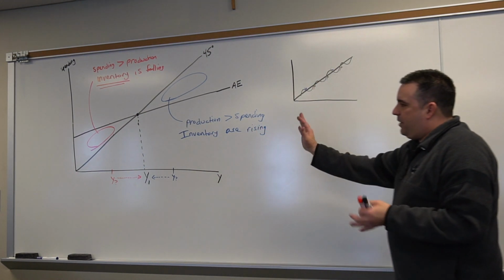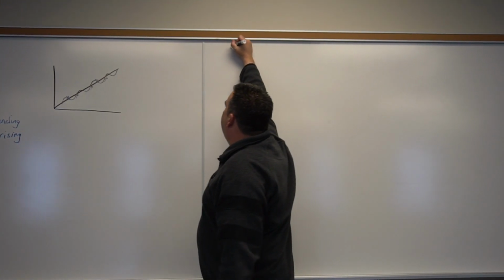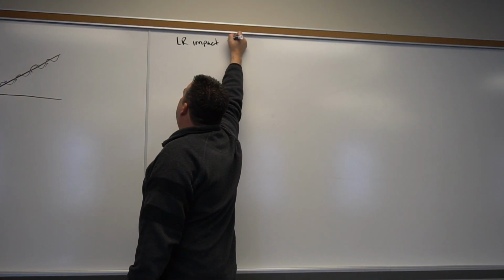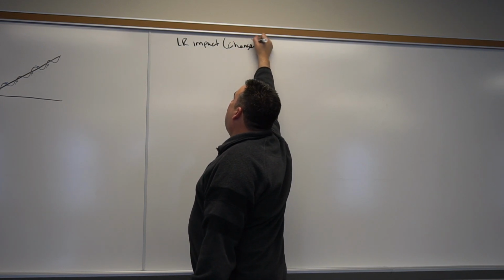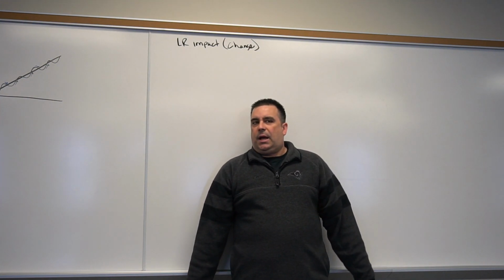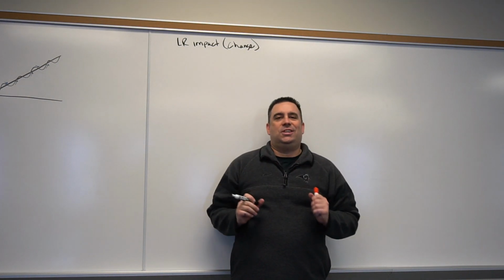Okay, so now we have the short run impact in this model. We want to start thinking about the long run impact with this model. Specifically, when I say long run, I want to look at long run change. I want to look at GDP growth because that's what we have. Keep in mind my same disclaimer of all time that I've always used. I might look at GDP shrinking.